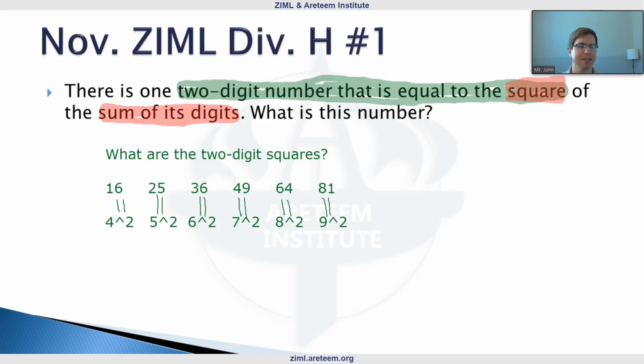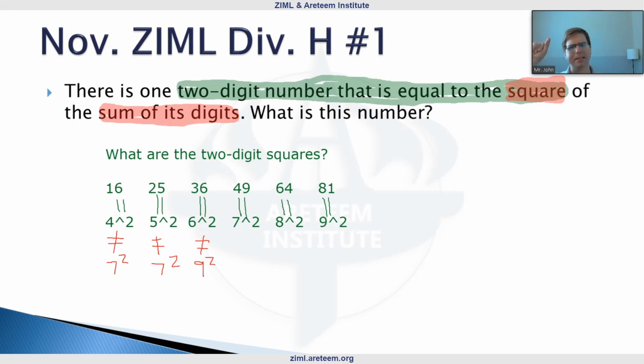I won't do all of these, but to start seeing them here, 16, that's 4 squared. That is not equal to 7 squared. Where is my 7 coming from? 1 plus 6. 5 squared is definitely also not equal to 7 squared. 6 squared is not equal to 9 squared.